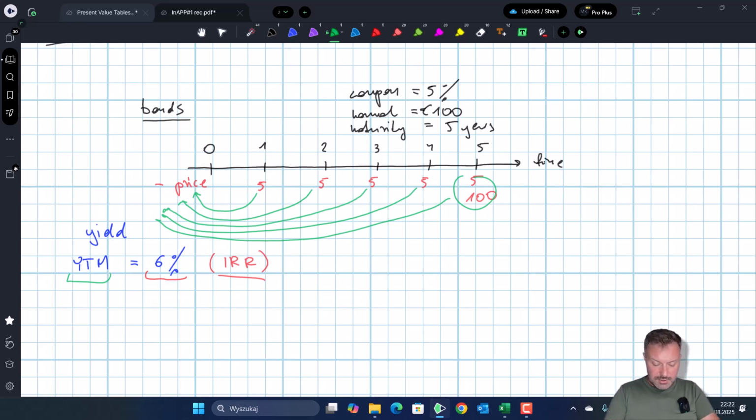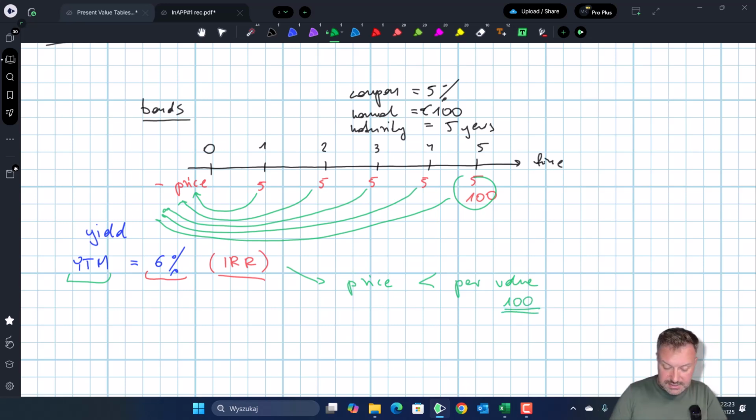How is it possible that the yield to maturity, or this internal rate of return, is now higher than the coupon rate? If it's higher than the coupon rate, it means that the price of this bond must be less than the par value, so less than 100.